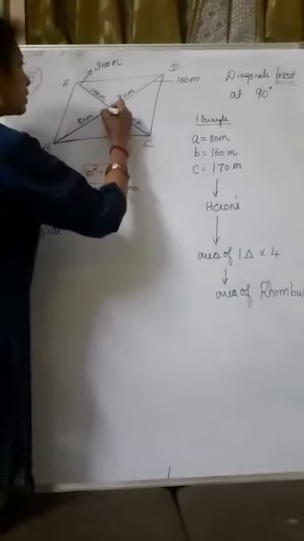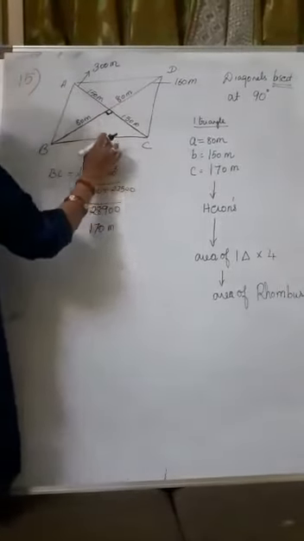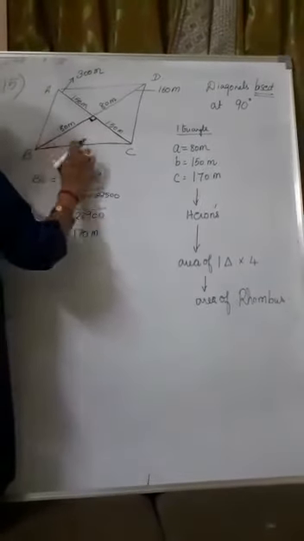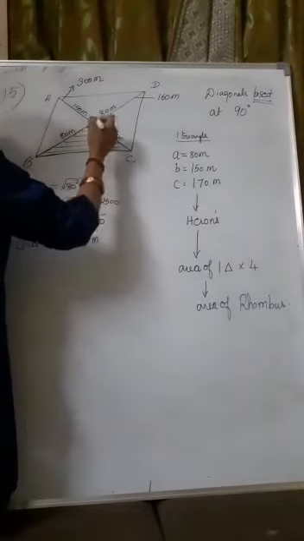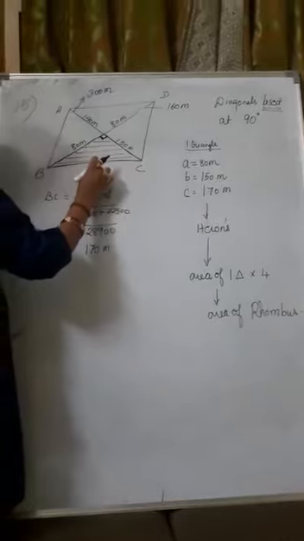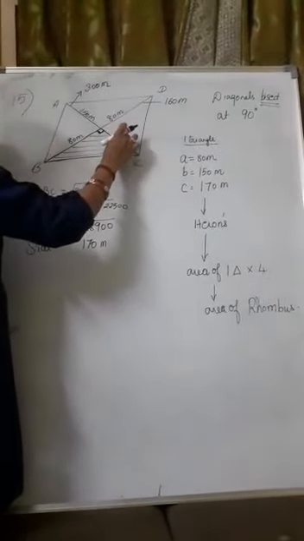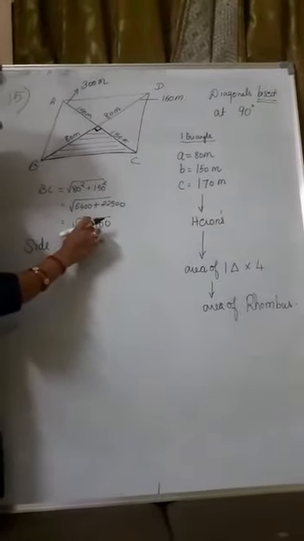Now, first we are going to find the side of this triangle. If this is 90 degrees, then what is BC? Opposite to 90 degrees, that side is called the hypotenuse. So BC is the square root of 80 square plus 150 square. So when you do it, it is 28900.